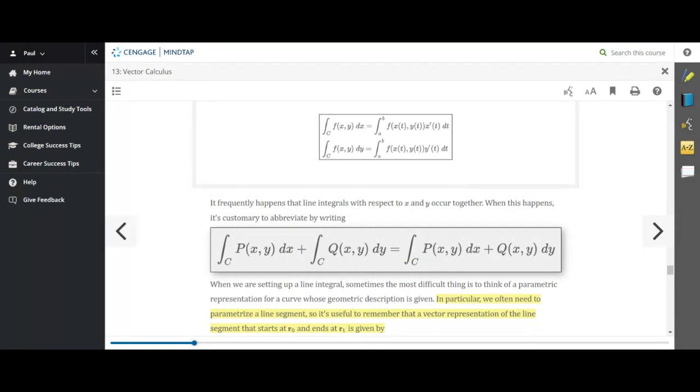Let me just show you this here. Here you have an integral along some curve C. And it looks like, well, how can this be?